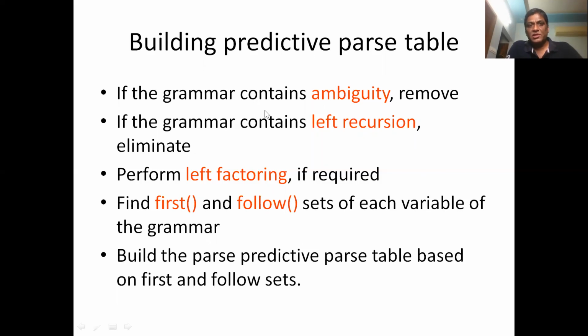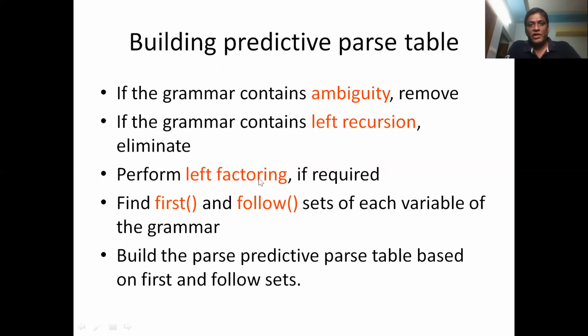These are the steps. The first constraint for building a parse table is that the given grammar should not be ambiguous. If it contains an ambiguity, then remove that ambiguity. We know how to remove ambiguity; we saw it in the previous session. If the grammar contains left recursion, we need to eliminate it.